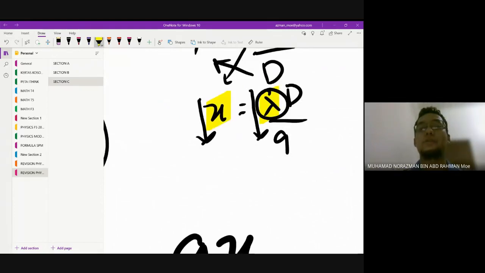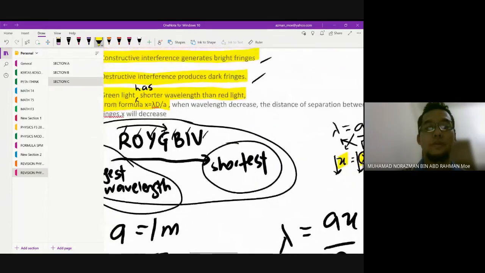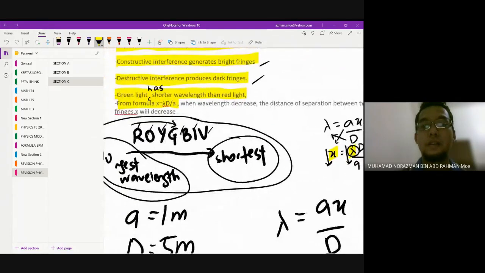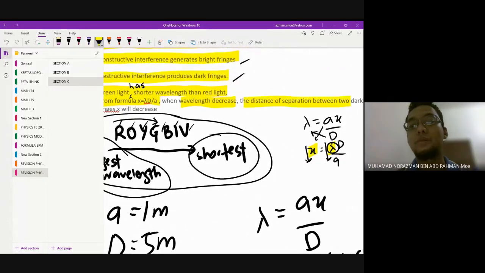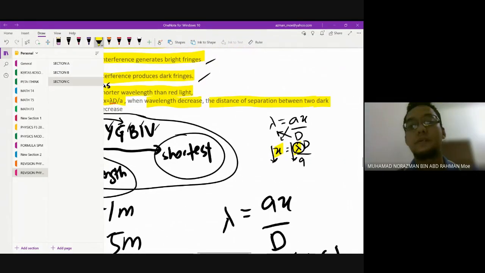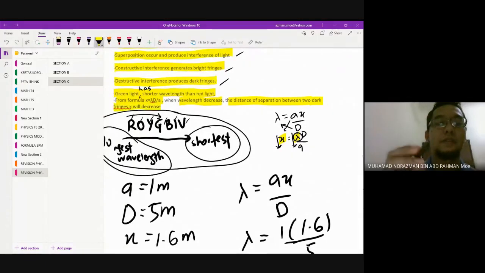So from the formula, when wavelength decreases, the distance of separation between two dark fringes will also decrease. Done. 5 marks.